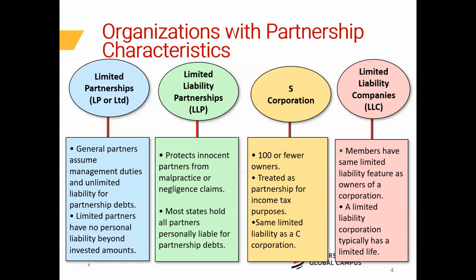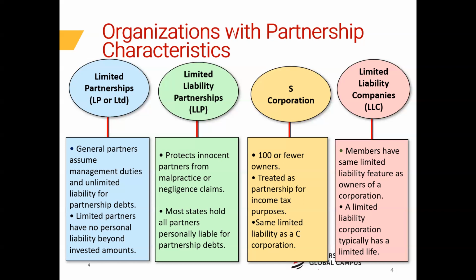Think of a law firm as an example. A law firm has a lot of lawyers that are partners of that organization. That is, again, very common. That type of firm is probably going to be an S corporation because S corporations are typically for larger partnerships like a law firm or any other business where there are multiple owners.